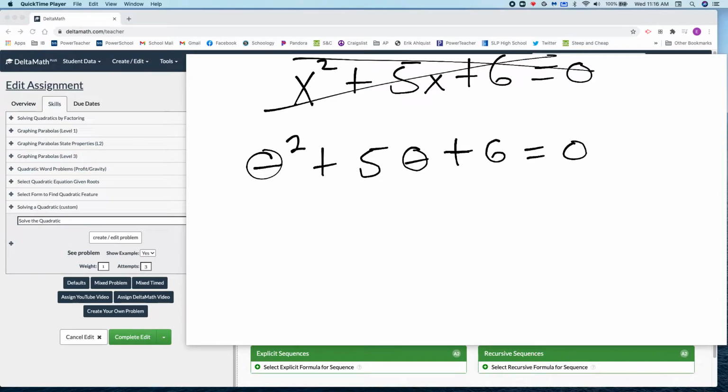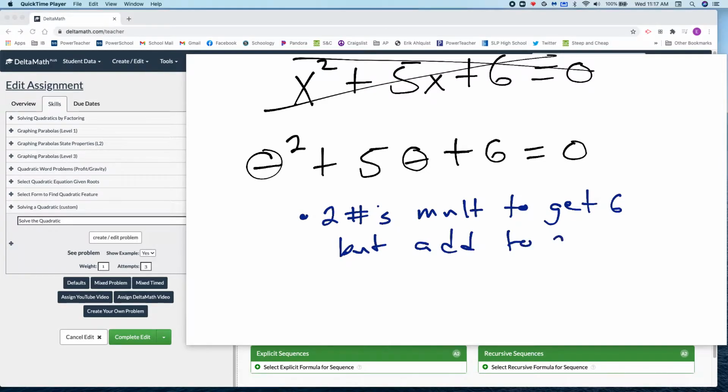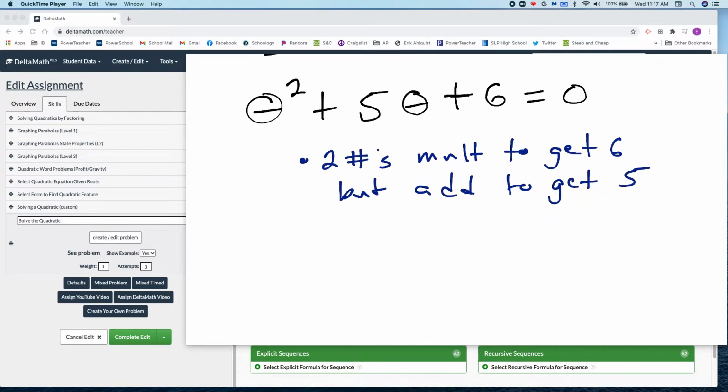I know that some of you use the box method, but I look at this and I say, I need two numbers that multiply to get 6, but add to get 5. And so what works to get 6? 3 times 2 gets you 6, and 3 plus 2 gets you 5.